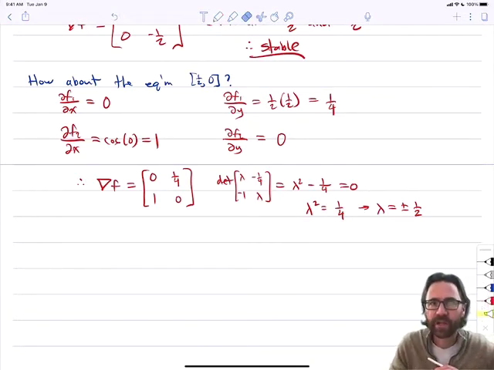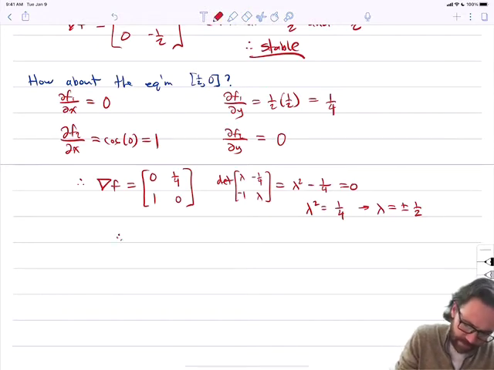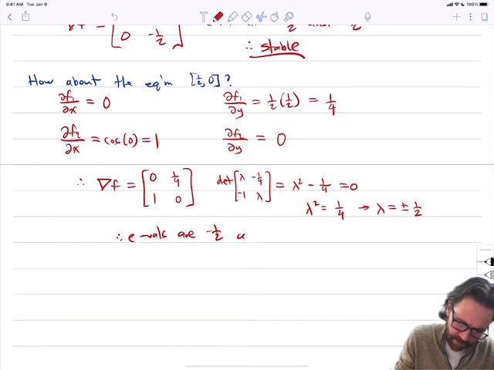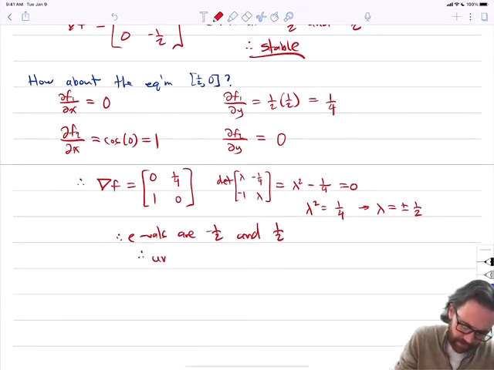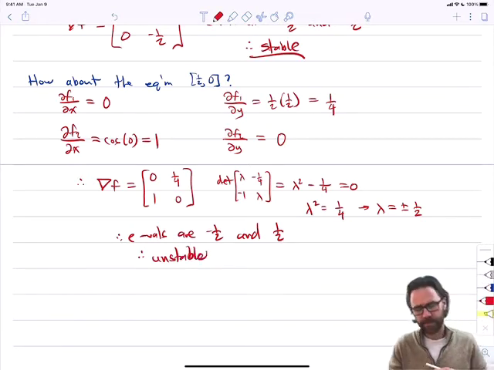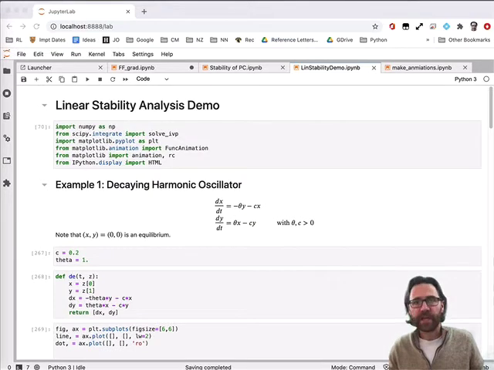And I get positive 1/2, negative 1/2. So one of them is positive. So therefore, it's an unstable equilibrium. Okay, let's see that working in real life.